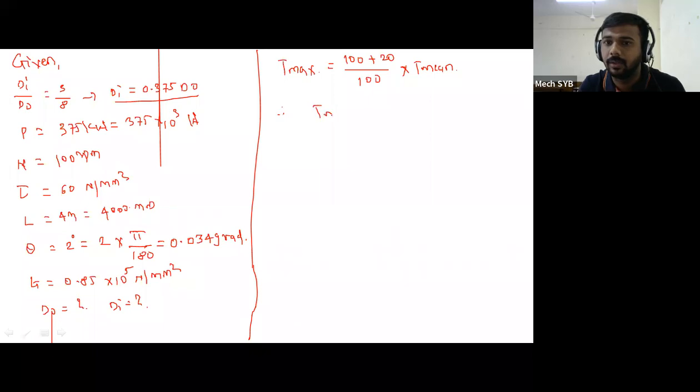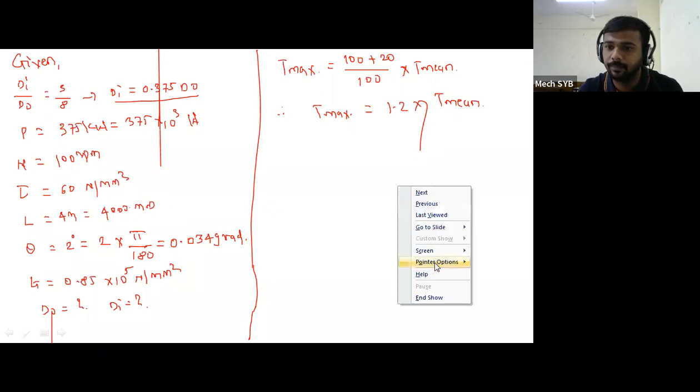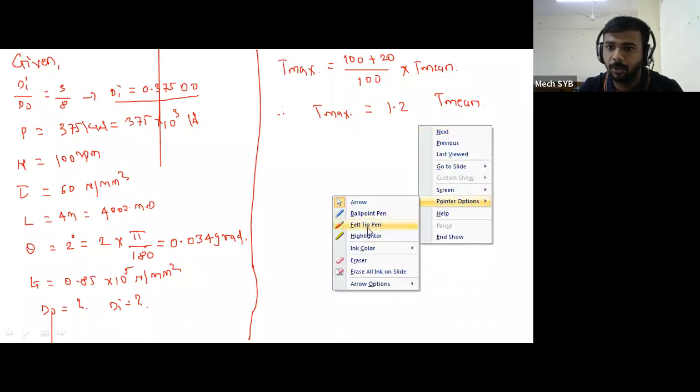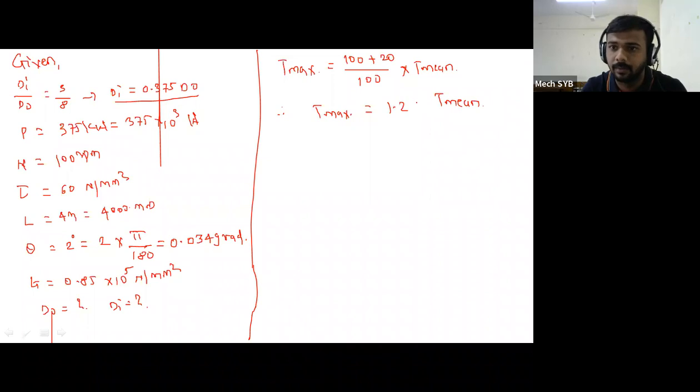Therefore, Tmax is equal to 1.2 times Tmin. Okay, up to this are the given parameters.